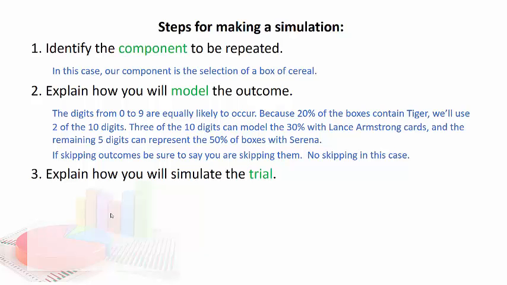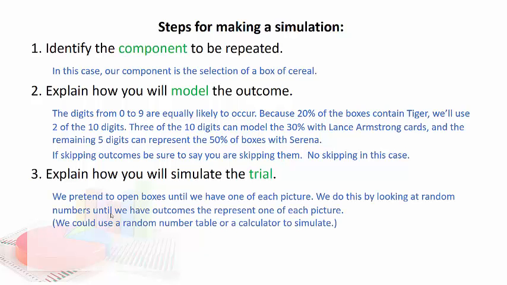The next part, you need to explain how you would simulate the trial. This is where we're going to do repeated purchases of boxes. We're going to pretend to open boxes until we have one of each picture. We're going to do this by looking at the random numbers until that represents the outcome of getting all 3 pictures.